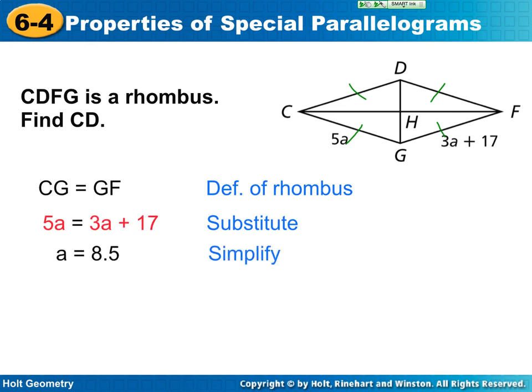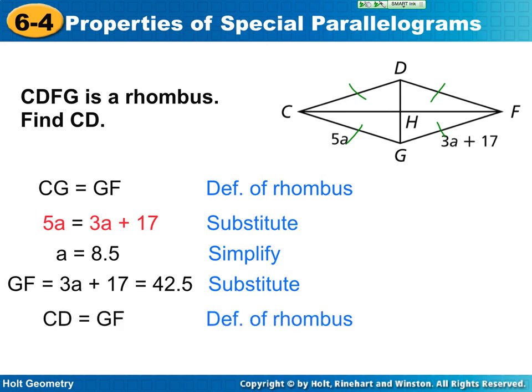Solve. And then substitute back in. Where do you substitute into? Either CG or FG. They'll both calculate the same. And then your CD would be the very same length. Again, a rhombus, all sides are congruent.